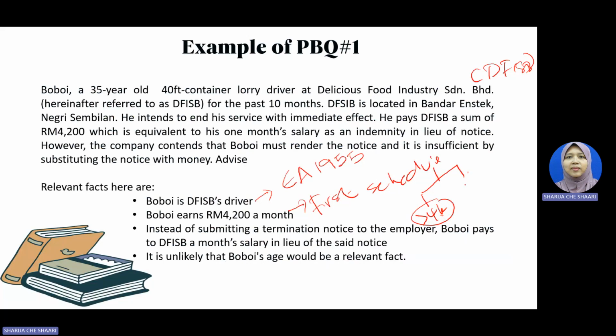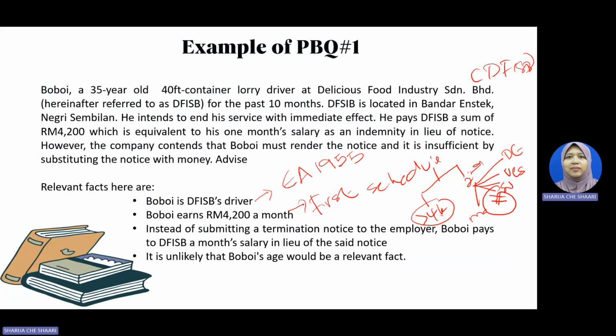However, the second category has 5 types of employees: manual labor, those who operate vehicles for transportation of goods or people, supervisors of manual laborers, those who work on vessels, and domestic employees. So Boboy falls here. It does not matter whether Boboy earns 4,200, he is still under the Employment Act.